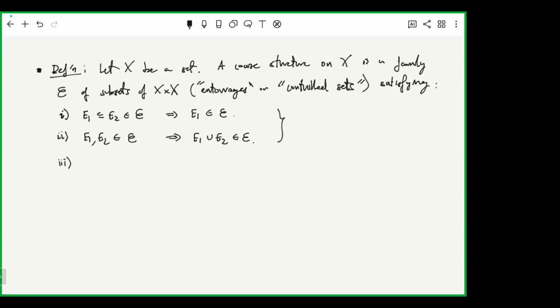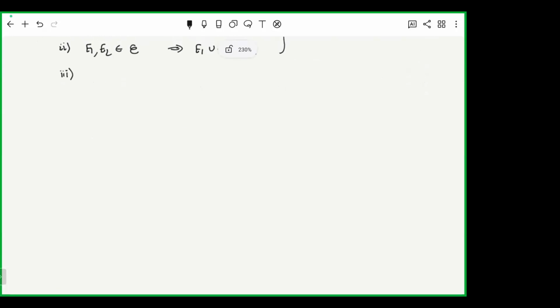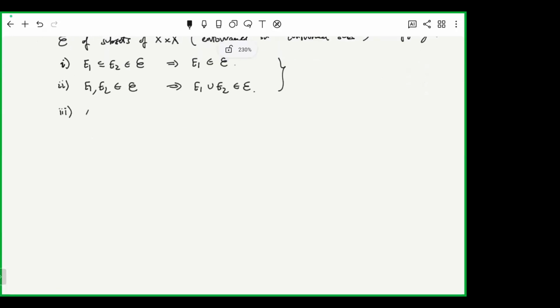So this considers the set theoretic structure, and now we consider the groupoid structure with compositions of arrows. For the groupoid structure, we need the diagonal of X to be controlled. The compositions have to be controlled.